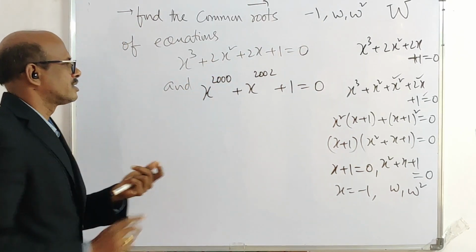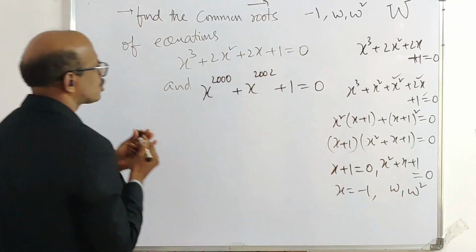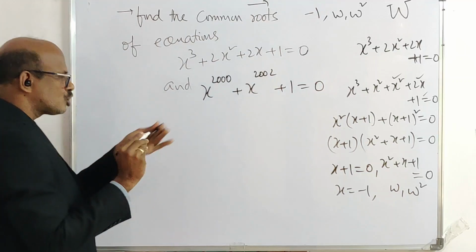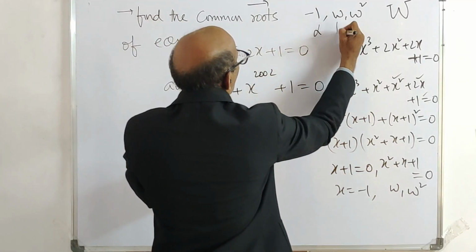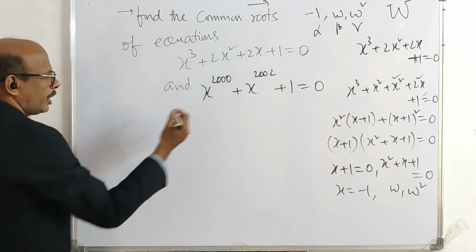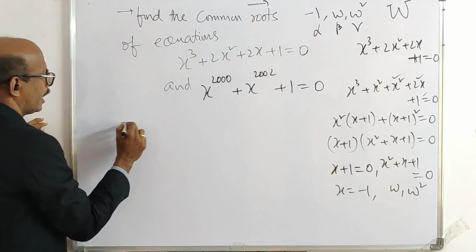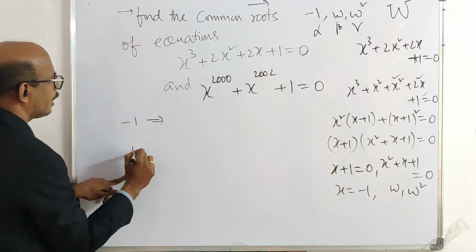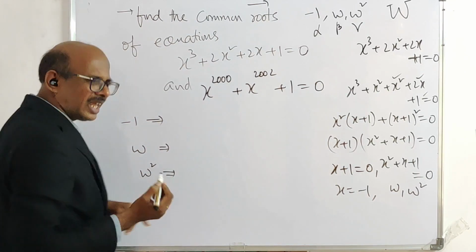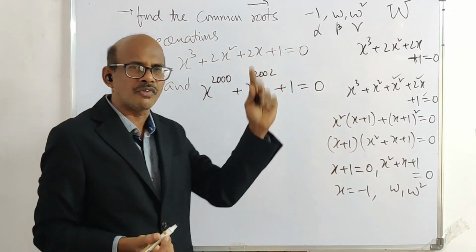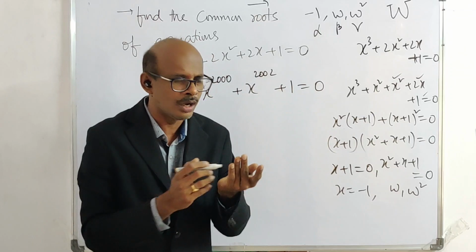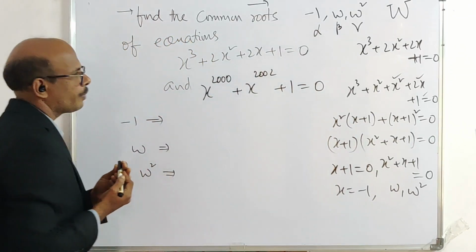Now thinking about common roots: a common root means the root satisfies both equations. Suppose I call them alpha, beta, gamma. So minus 1 is one root, omega is one root for the first one. Don't think that all 3 roots of the first equation must satisfy the second one. If satisfied, they call it a common root.